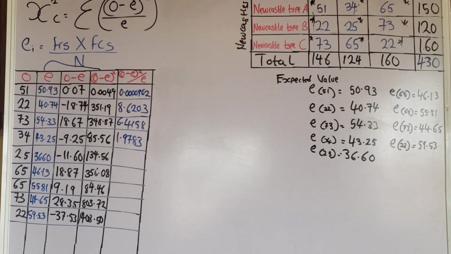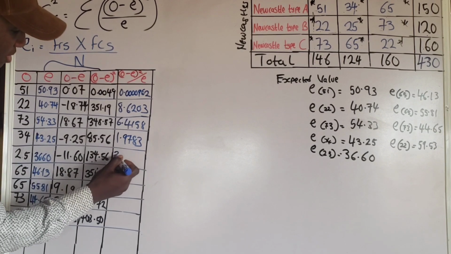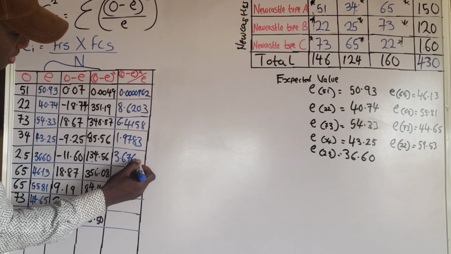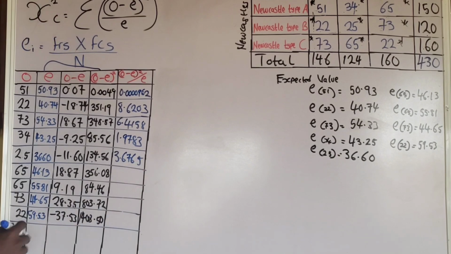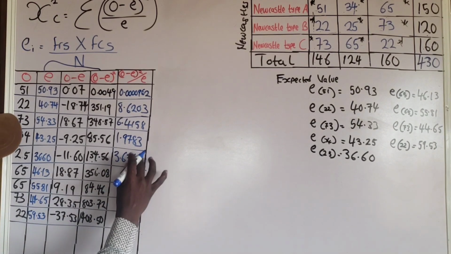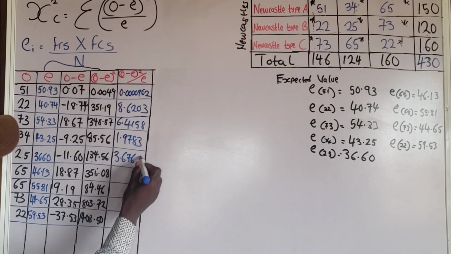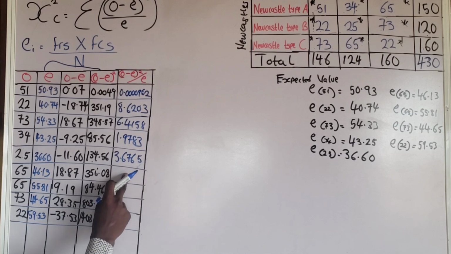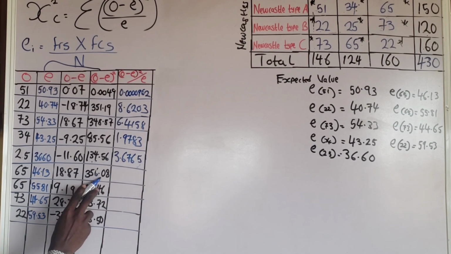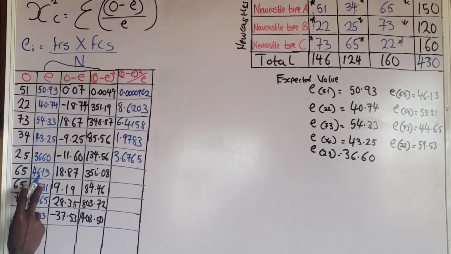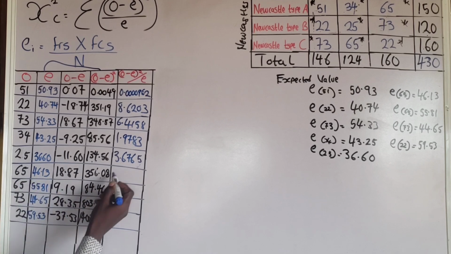For these cells, you are going to divide this by this, and the answer will be 3.6765. Okay, for these cells, we're going to divide 356.08 by 46.13. That is 7.7191.